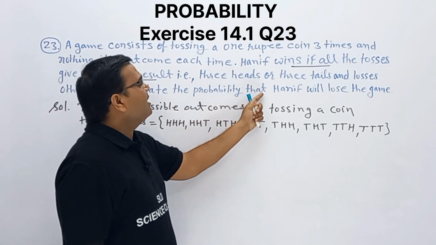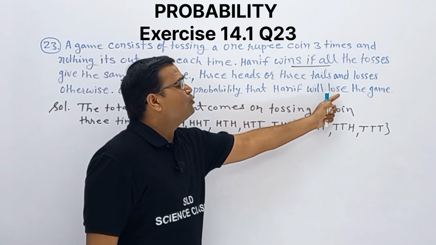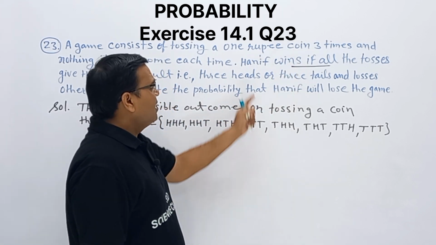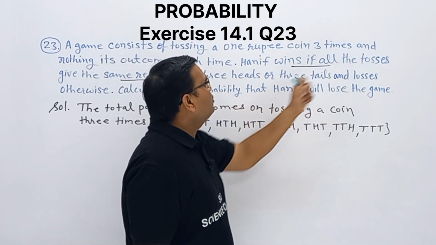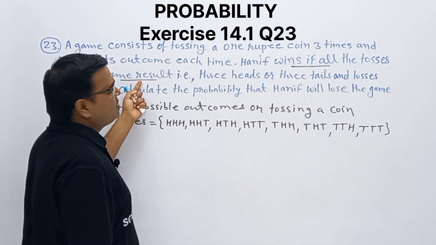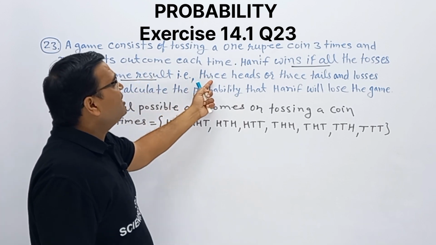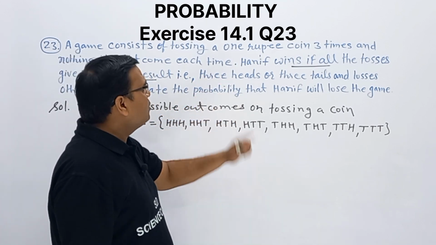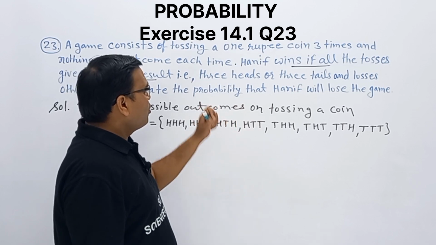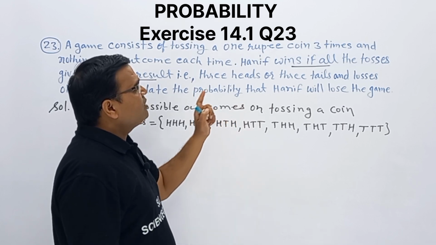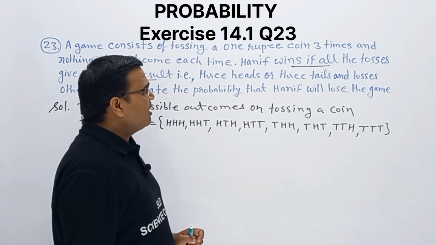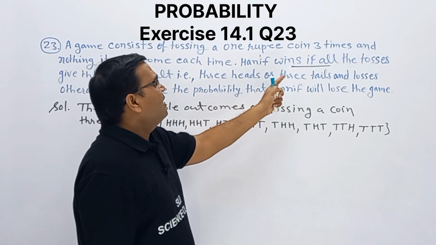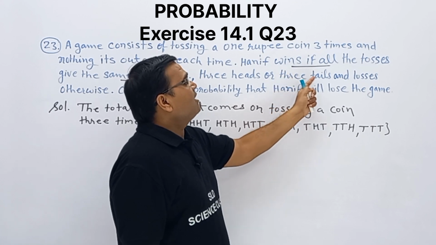Calculate the probability that Hanif will lose the game. Hanif wins if all the tosses give the same result. That is, on all 3 tosses we are getting head, head, head, or tail, tail, tail.